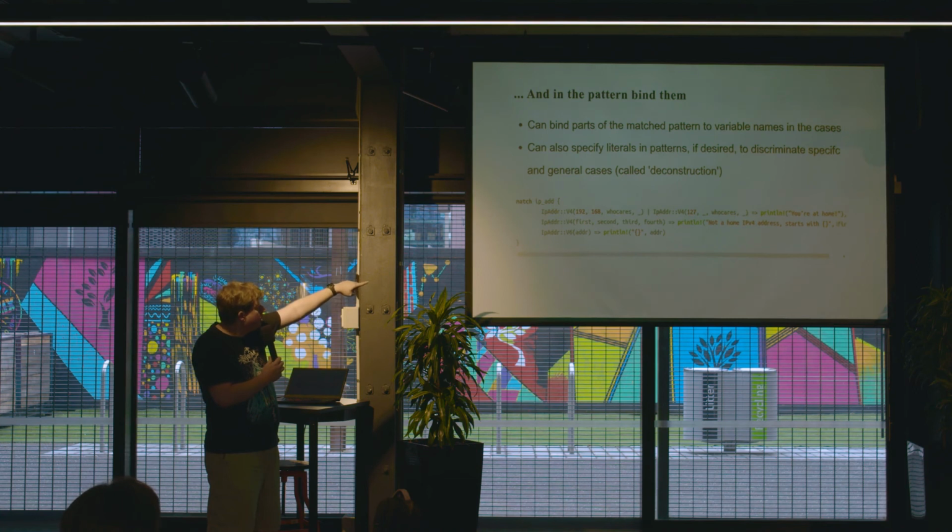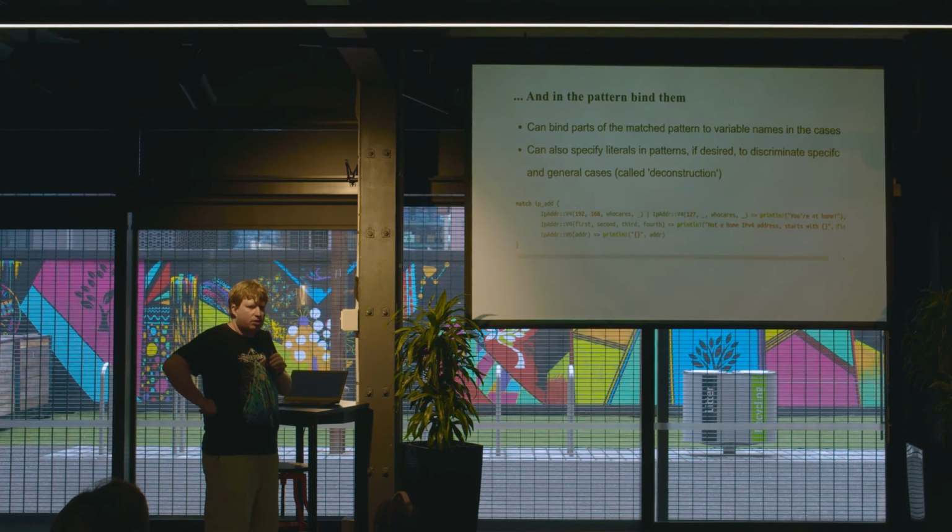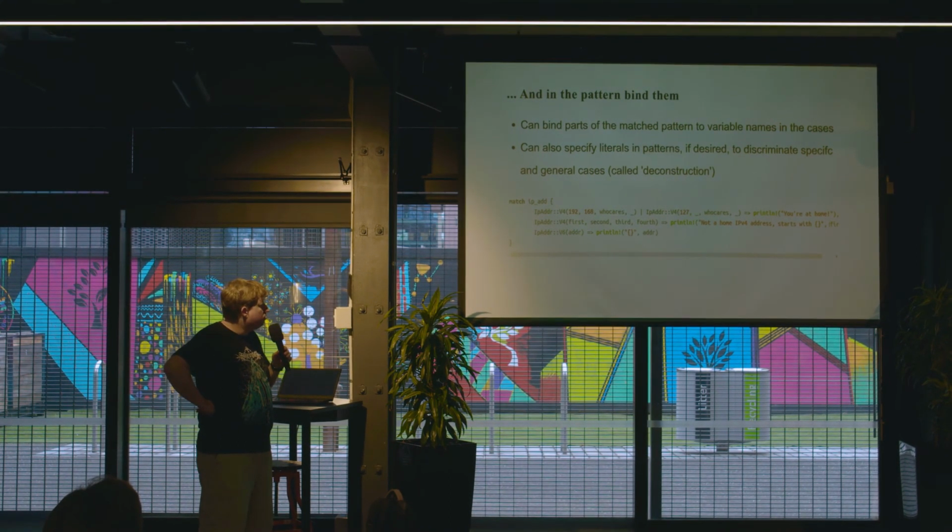And the thing about the two IPv4 lines is that we'd never get to the second one because we'd always match on the first one, because they're all just variable names. So anything contained in all four of those is going to get matched. And the underscore just absorbs that data, and you've got no use for it. So you're just saying, once I know the address type, the rest is of no relevance to me, so just throw it out.